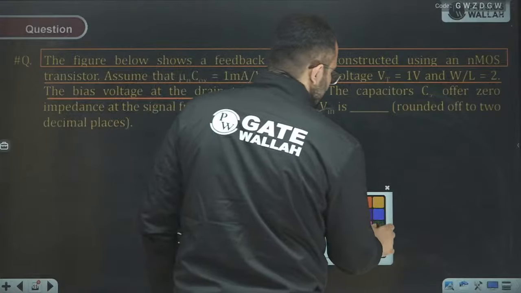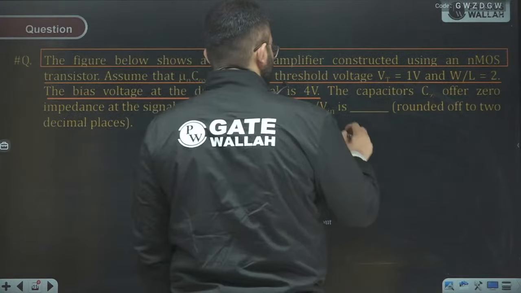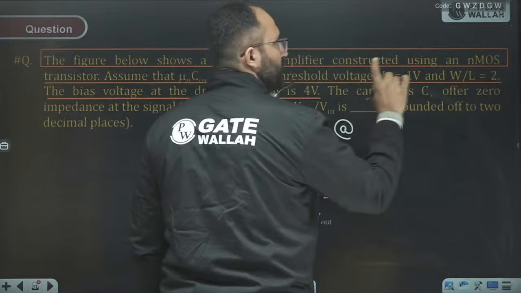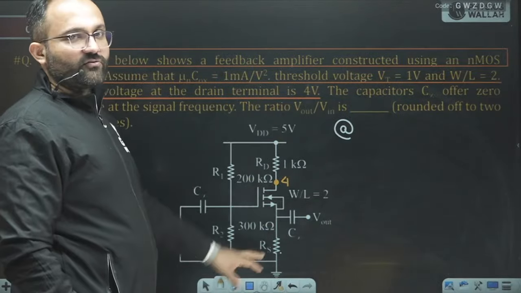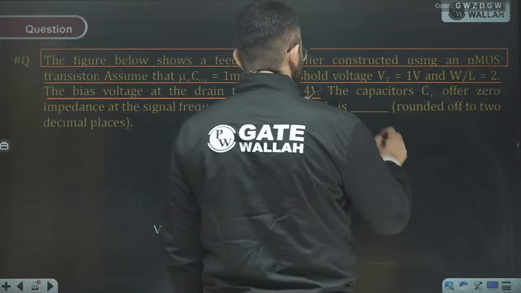So we have to solve the circuit at DC, right? We have to solve the circuit at DC, and we have to find out this resistance RS, because without this resistance RS we cannot solve the circuit at DC.